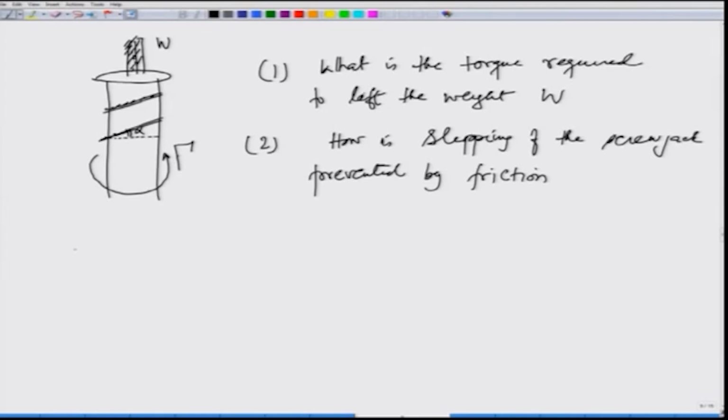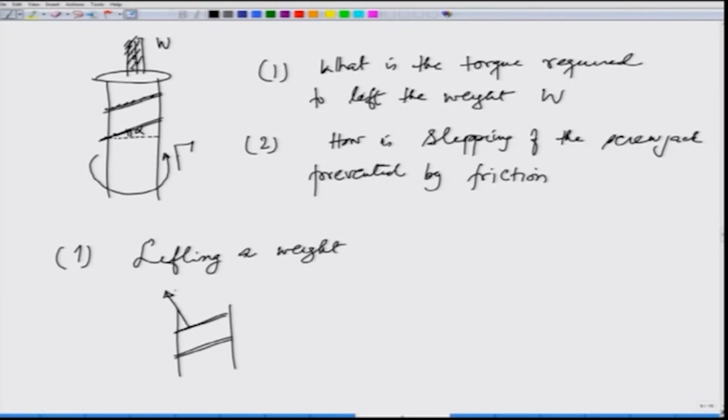So, let us first look at lifting a weight. Let us look at the forces that are on the thread or threads. This is in a casing, so the casing applies a normal reaction N. Let us call the sum of all these normal reactions on all the threads to be N. And if we are lifting it up, then there is a frictional force opposing the movement of the screw.